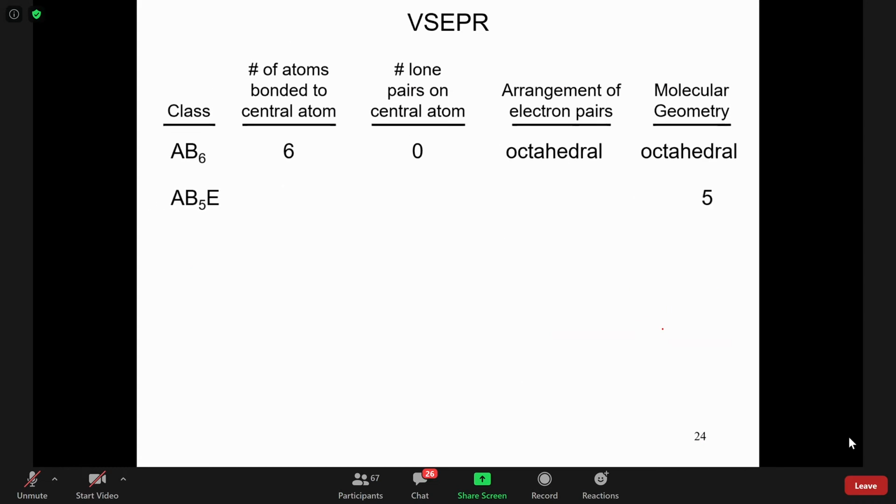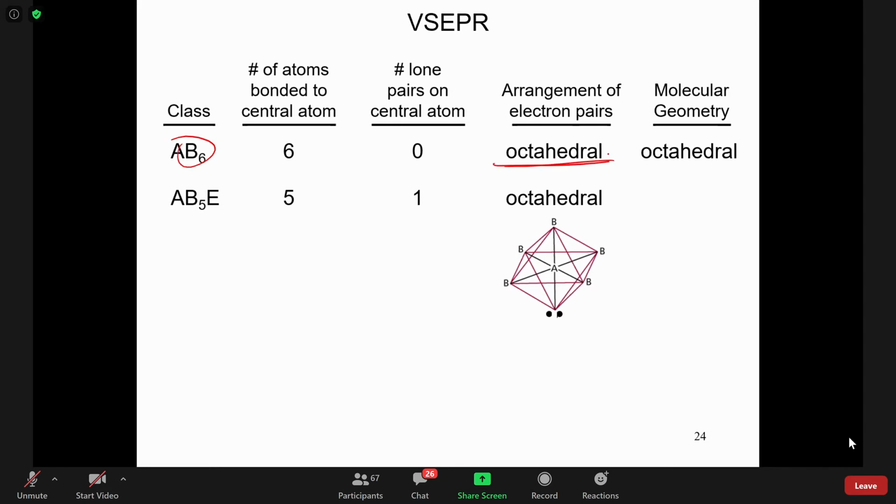Last gasp. Whenever we have 6 things around a molecule, geometry is going to be octahedral. But we're going to reduce one by one, just as we did on the last slide, the number of things bonded, and we're going to successively increase the number of lone pairs.